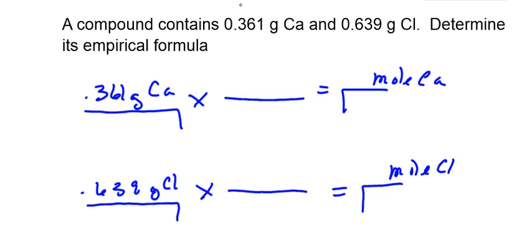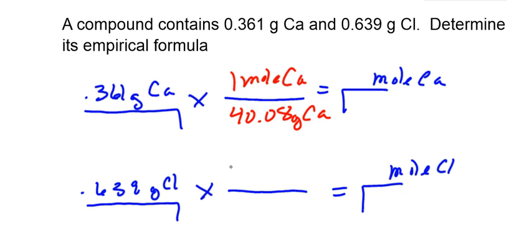To do that, we are multiplying times 1 mole of calcium. We'll go to the periodic table to get its mass. That's 40.08 grams of calcium.